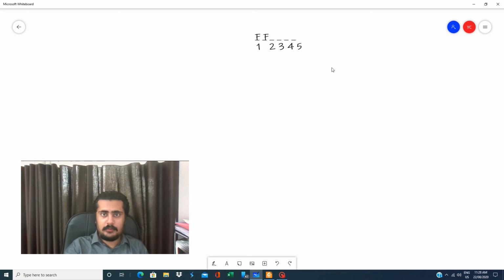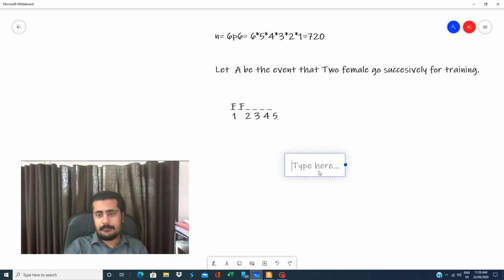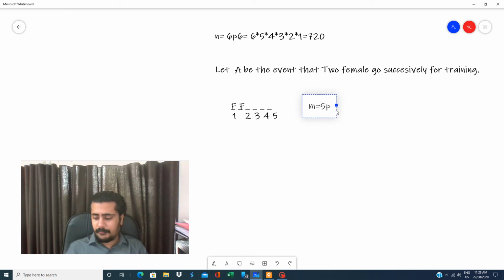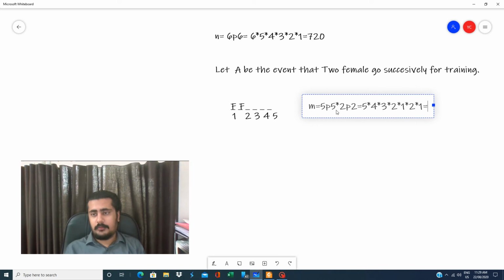What is your favorable outcome? It's 5P5. Now they said that two females should be together. It doesn't mean that the first female should be first and the second female should be second. The two females should be together. That means you can use 2P2 for the interchange. So it's 5, 4, 3, 2, 1 into 2, that is 120 into 2, that is 240.